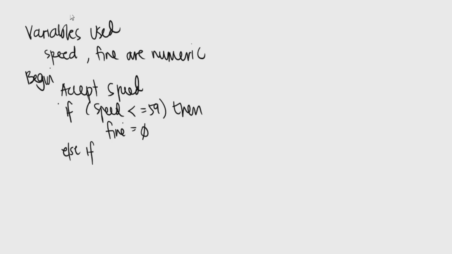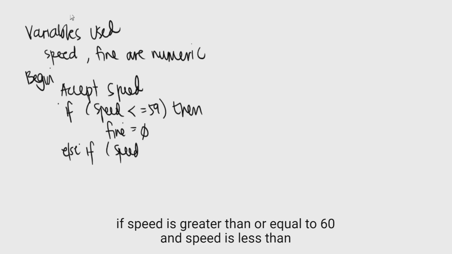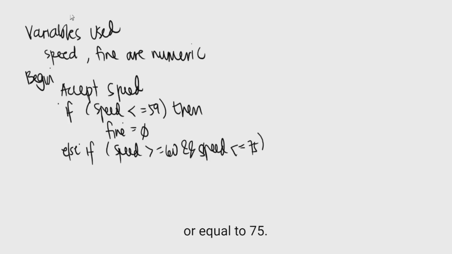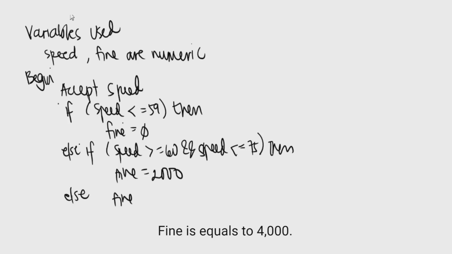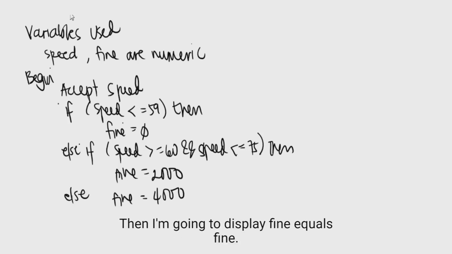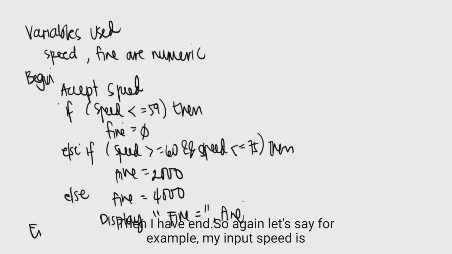Else if speed is greater than or equals to 60 and speed is less than or equals to 75, then fine is equals to 2000. Else, fine is equals to 4000. Then I'm going to display fine equals fine, and then end.